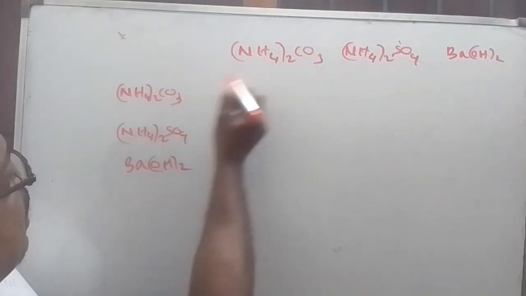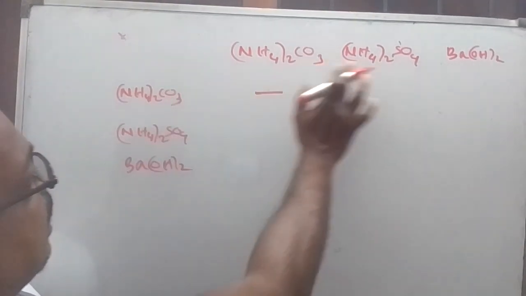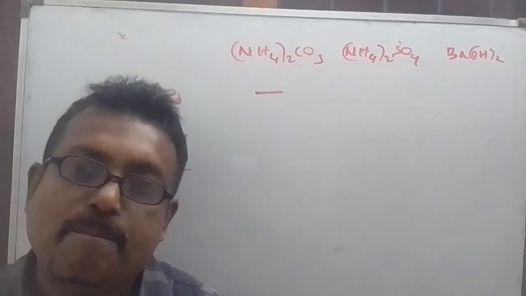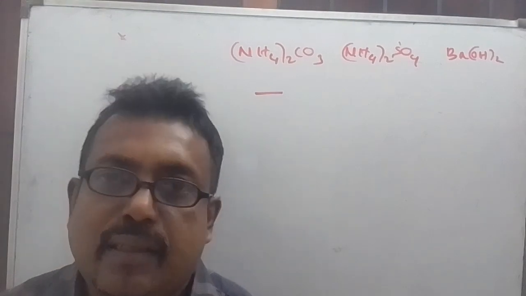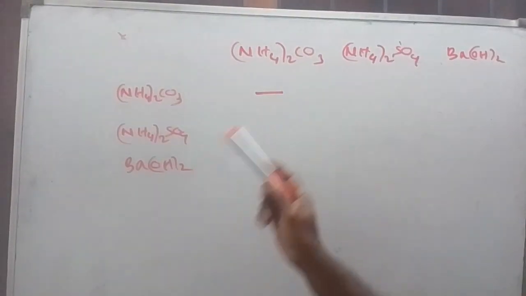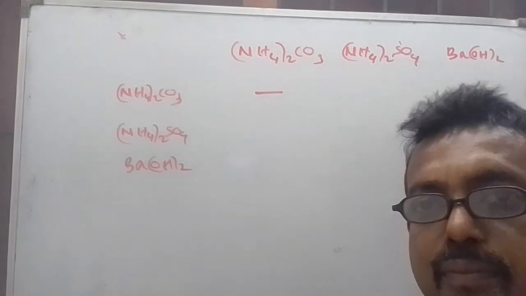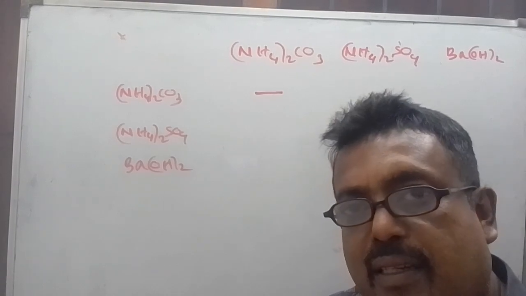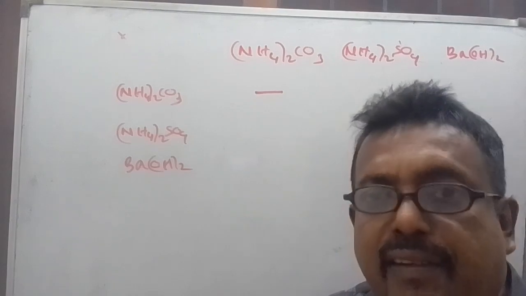Now, ammonium carbonate with ammonium carbonate, no reaction. Ammonium carbonate with ammonium sulfate. What kind of things can happen? Can ammonium sulfate react with ammonium carbonate? Sometimes you may think they can't react with each other.